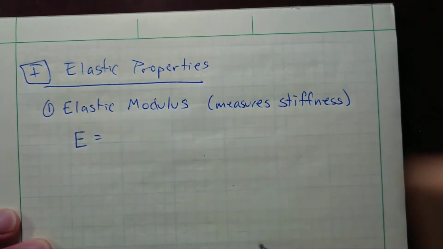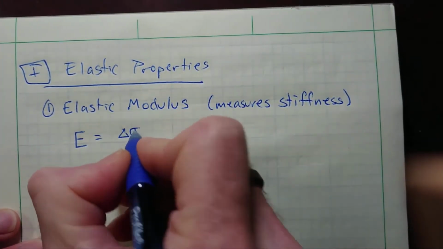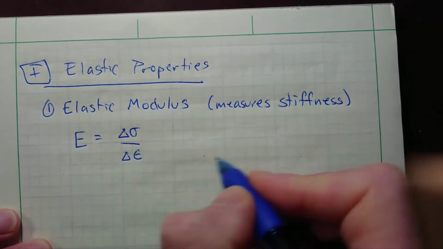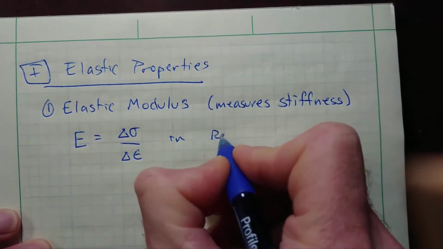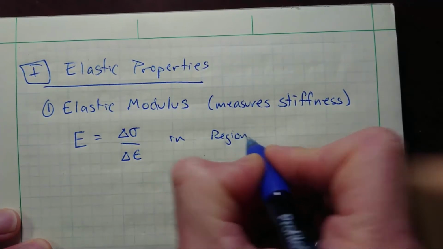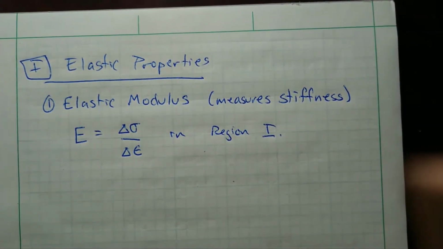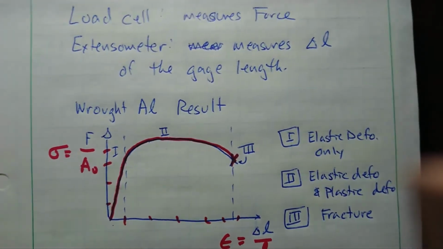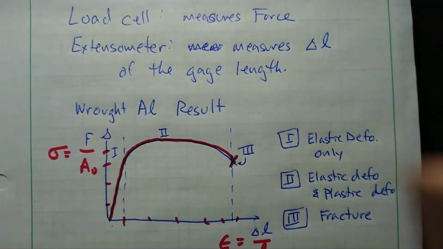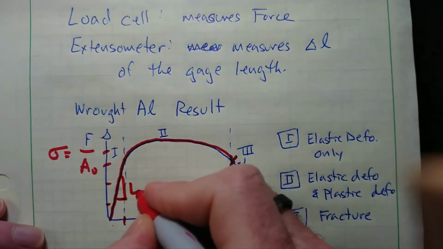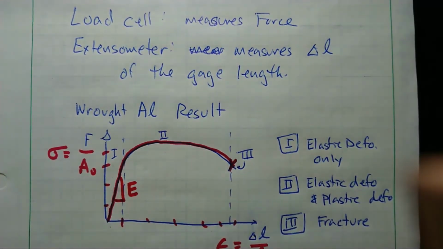And to calculate that, we find the change in stress divided by the change in strain in region 1. So going back to my picture, the elastic modulus is the slope, change in stress divided by change in strain, of the initial loading curve.